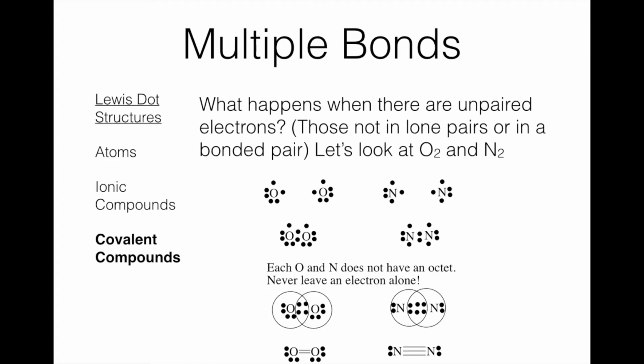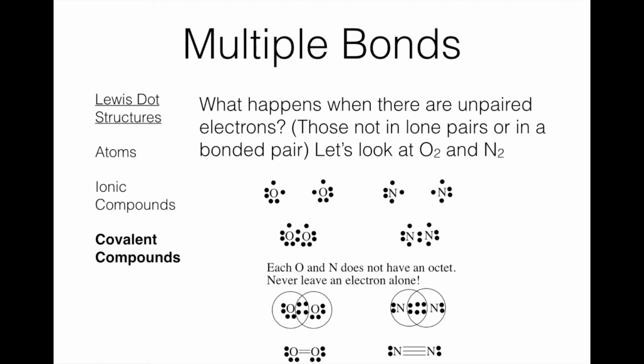So in the case of oxygen, those other 2 electrons that were by themselves also get shared. For something like O2, you'll see 4 total electrons being shared between the 2. If you share all 4 of those electrons, you'll end up with an octet around each oxygen.